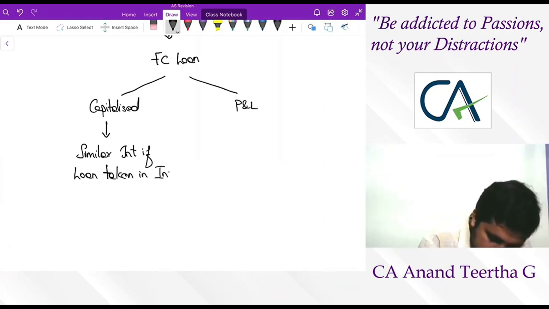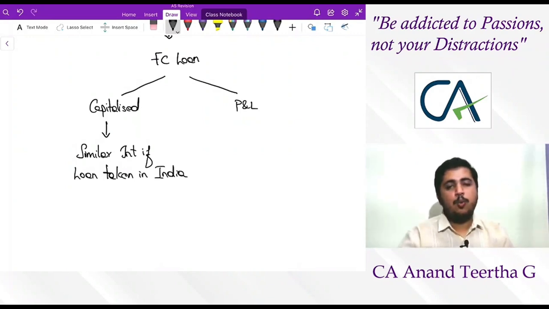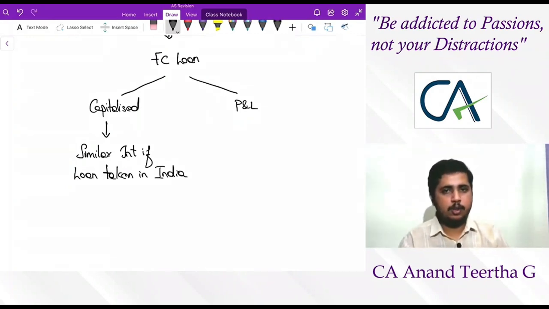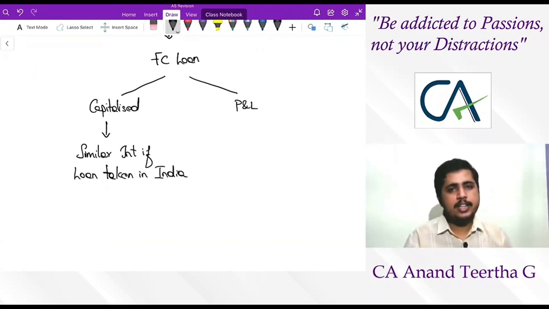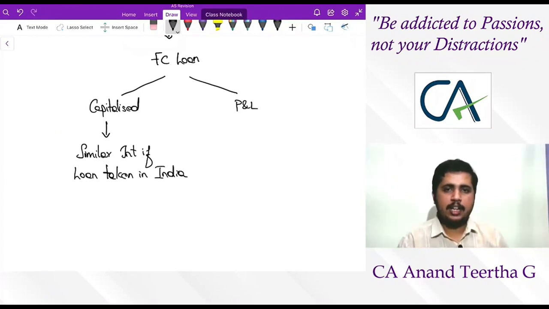Now, the first logic to understand is, why do you go for a foreign currency loan? Is that loan not available in India? It is available. Then why do you go for a foreign currency loan? Because the Indian interest rate will be more than the foreign interest rate. The Indian interest rate is 10%. In the USA, it is available at 3%. These people will feel that a foreign currency loan is better because only 3% is the interest rate.